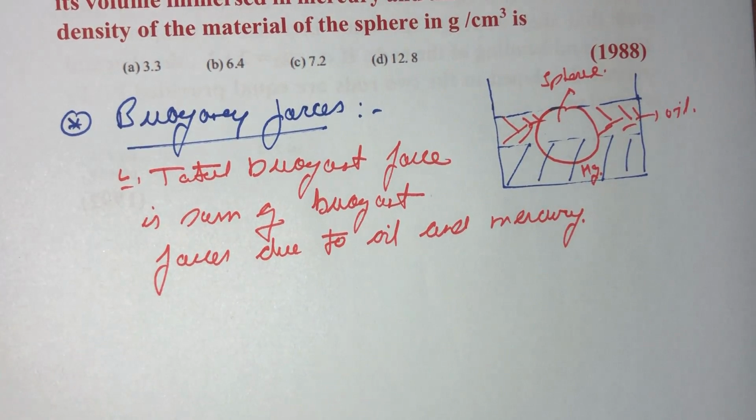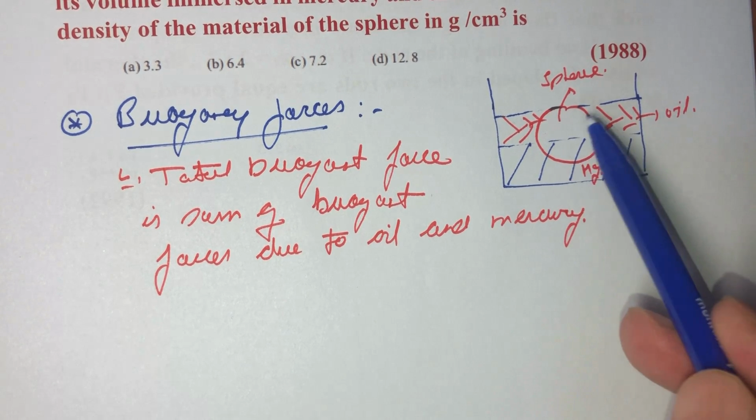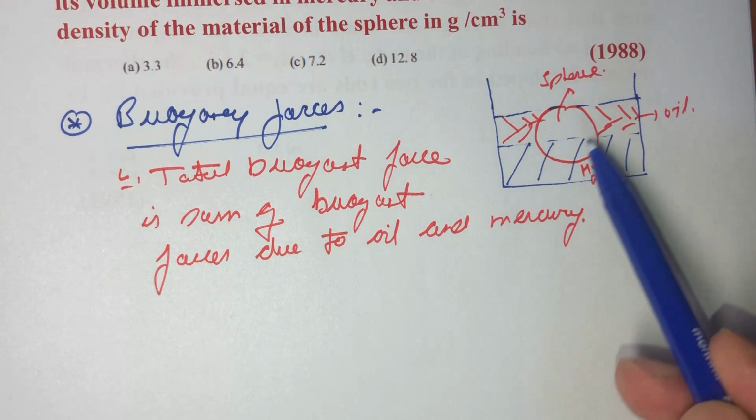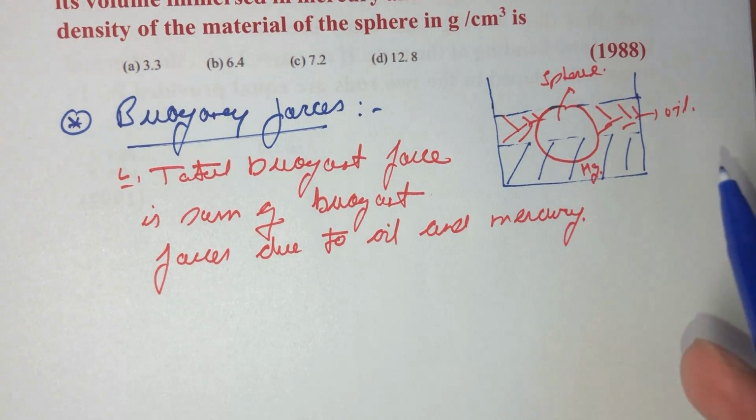And it is said that the volume of the sphere is equally divided in both: half of the volume is in the oil and half of the volume is in the mercury.